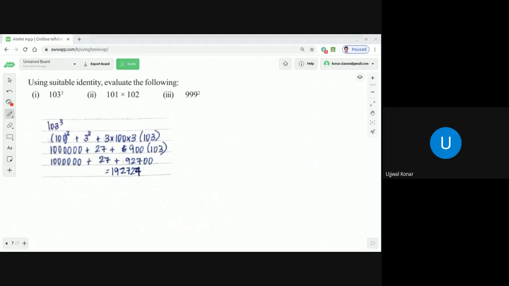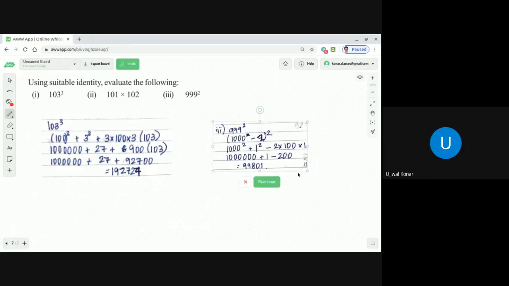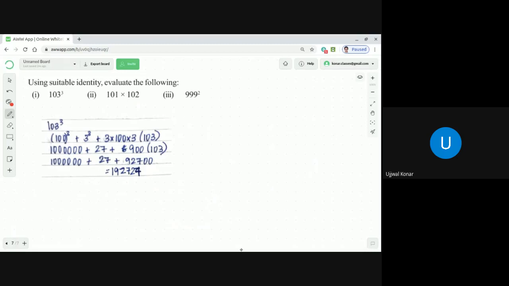Okay, and if we look into that 101 into 102, 10302, you did perfectly fine, and 999,998,001. Similarly here, if you look into the third one, oh sir, I missed the 9. Yes. If you look into this one as well, did you get the point?